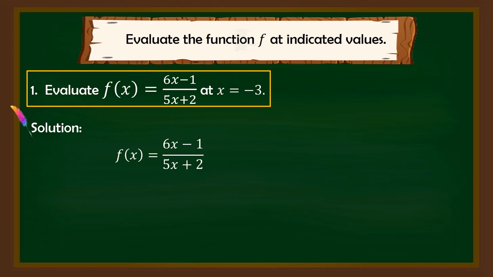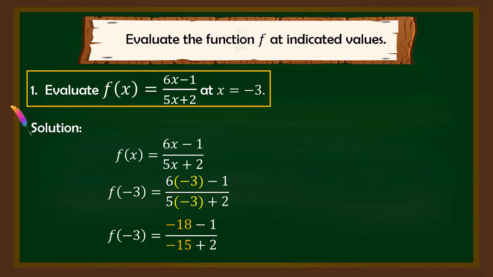Substitute all the variable x with negative 3, which yields f of negative 3 is equal to 6 times negative 3 minus 1 over 5 times negative 3 plus 2. Then simplify. So we have f of negative 3 is equal to negative 18 minus 1 over negative 15 plus 2.